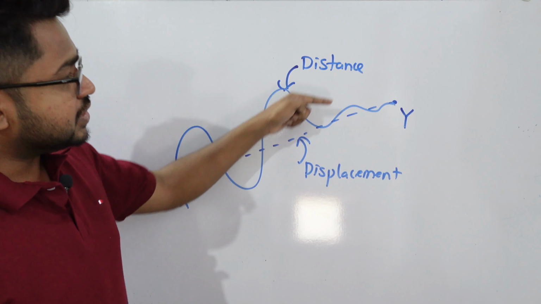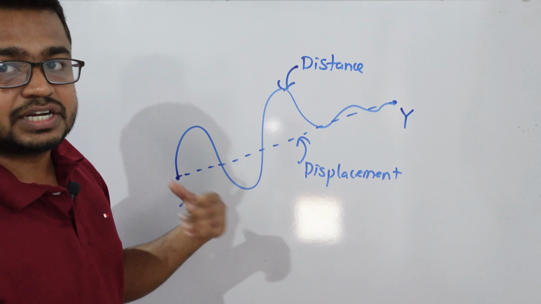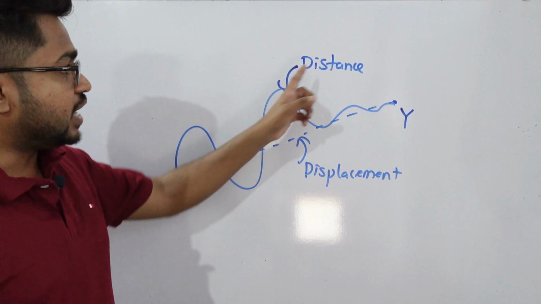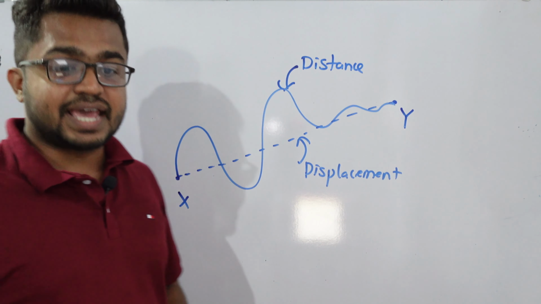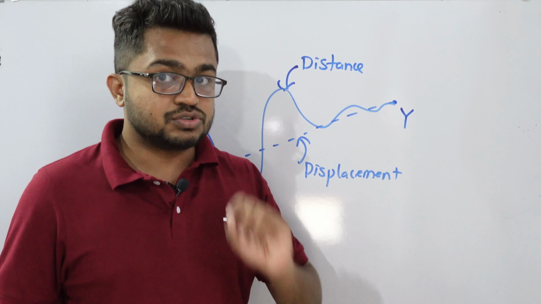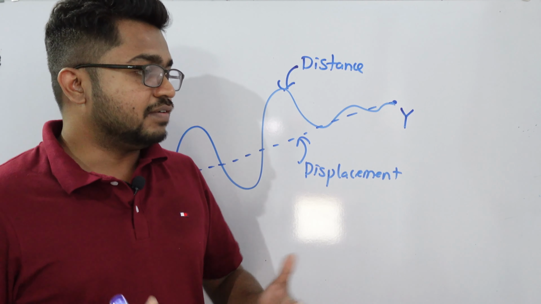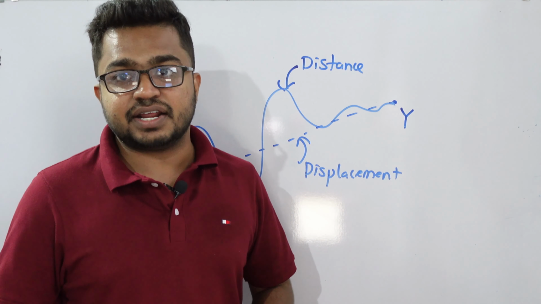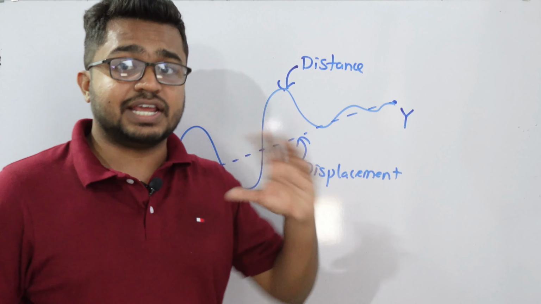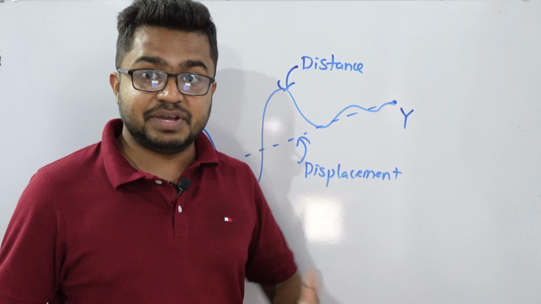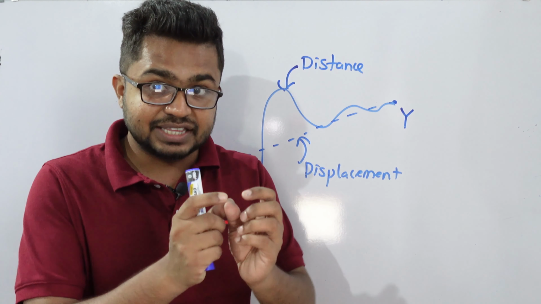You can measure the distance and get a value, but you can't show a proper direction. Therefore, distance is a scalar quantity. It's a length measurement, so you can use any unit used to measure length. Let's take meters, the standard international unit. Other than that, you have kilometers, miles, and maybe centimeters or millimeters if the length is very small.